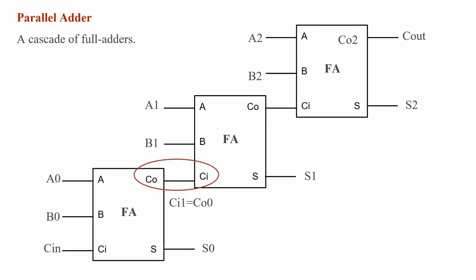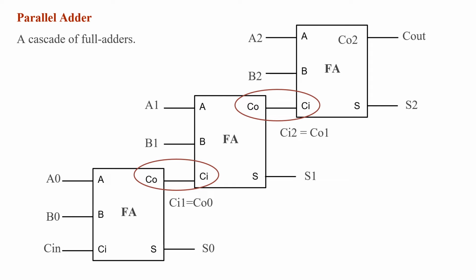So Cin of full adder 1 is equal to Cout of full adder 0. We take the carry out of full adder number 0, connected as Cin to the next full adder, and so on. So Cout of full adder 1 is connected to Cin of full adder 2.